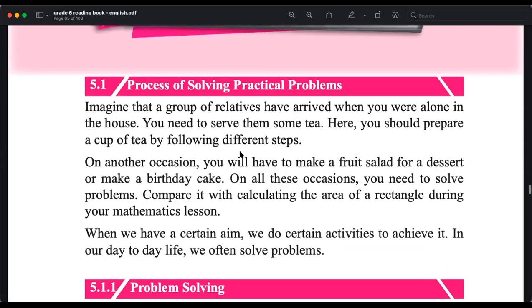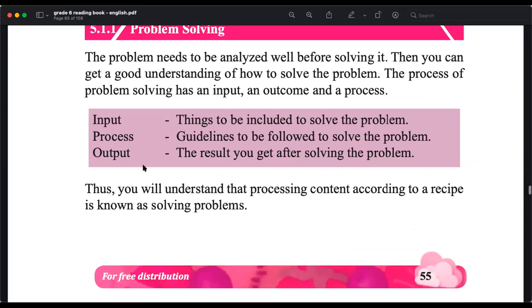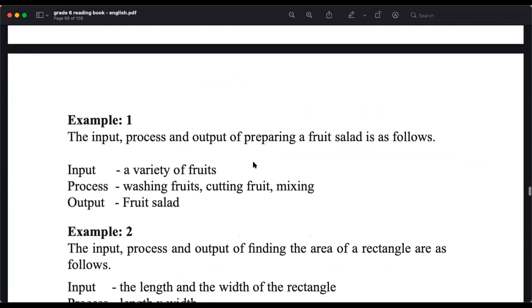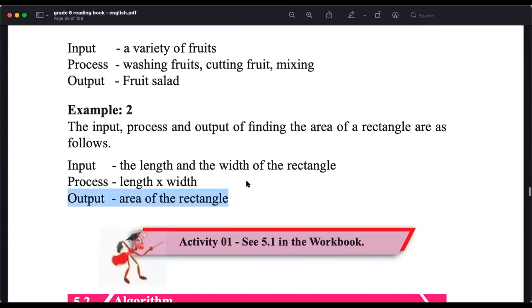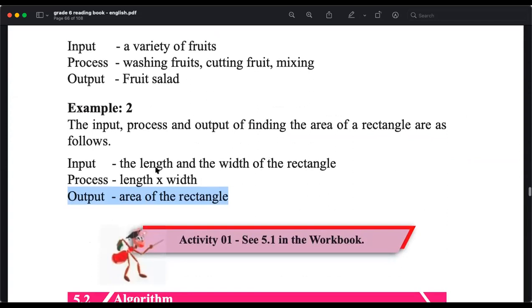So I explained about the input, process, and output. Then I'll explain how to prepare a fruit salad. I think you have the book with you. Even though my screen is not properly visible, you can watch through that. Then the length and width of the rectangle. We discussed this part also.